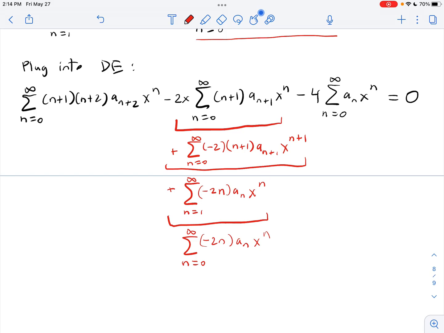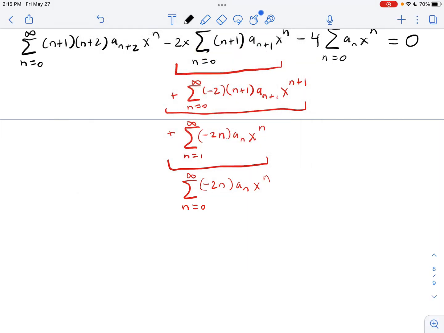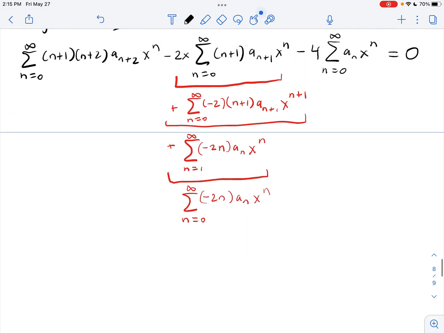I've got my x to the n on all three of these, right? So we're ready now to write this as a single series. So I can write it like this. I'm going to highlight: I have this guy for my first series, this guy for my second series, and for my third series I have this guy, and I'm going to put the 4 in as well.